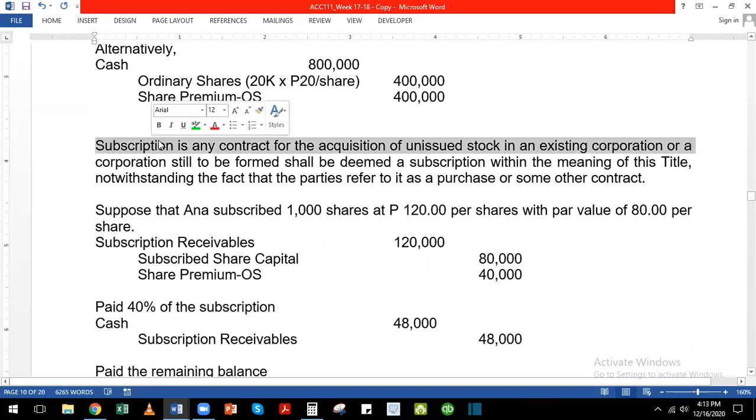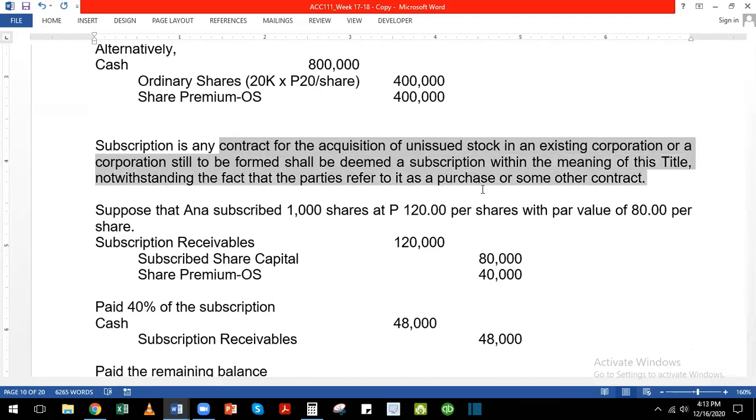So subscription is any contract for acquisition of the unissued stocks in an existing corporation or corporation to be formed. It shall be deemed subscription within the meaning of the title, notwithstanding the fact that the parties refer to it as a purchase or some other contract.